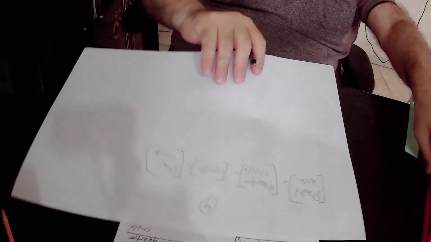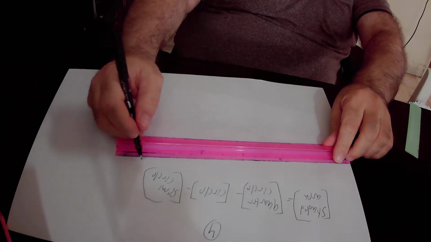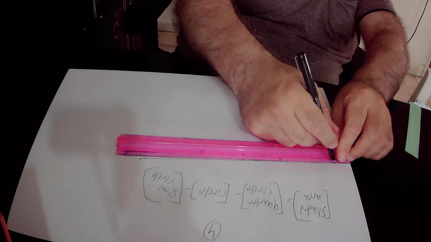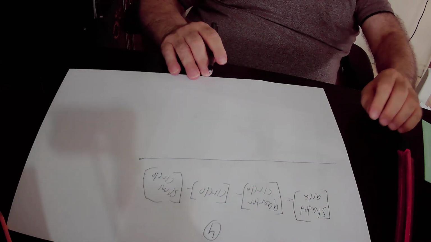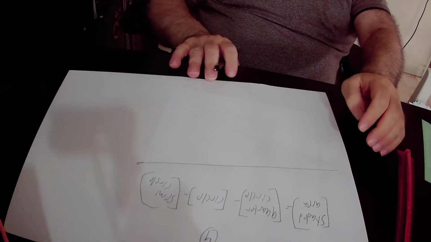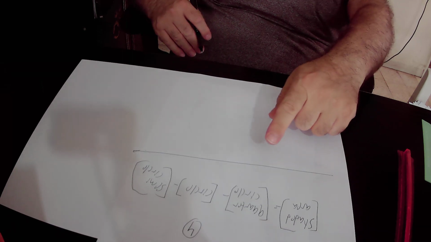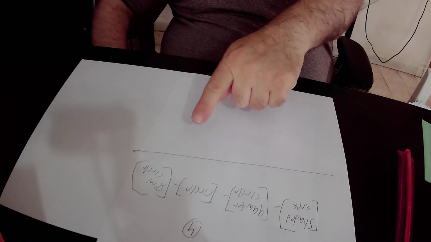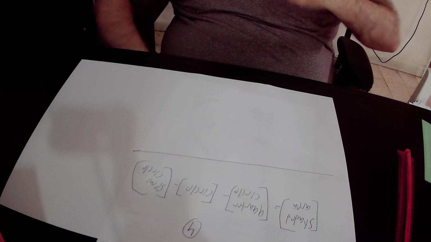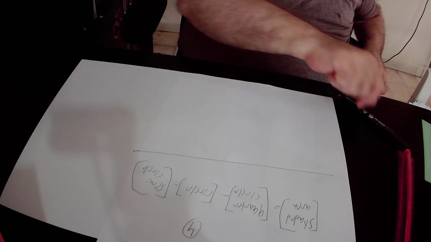So I repeat again, the value of the shaded area equals the area of the quarter circle minus the area of the circle minus the area of the semicircle. Okay?